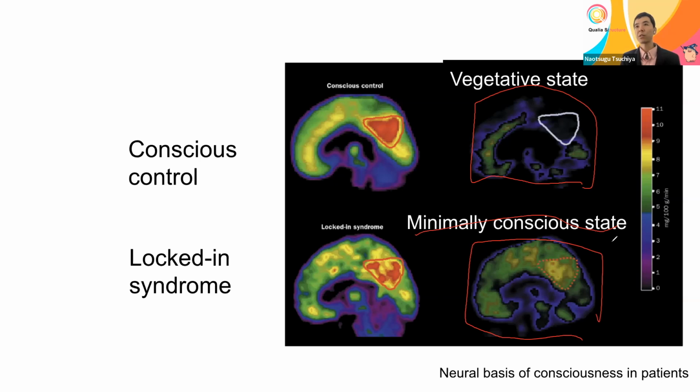And minimally conscious state patients tend to have a conscious state only in a fluctuating manner. So sometimes they can do it, sometimes they cannot do that imagery response. And again, these parietal areas are weaker, which is almost quite non-active in the case of the vegetative state patients.